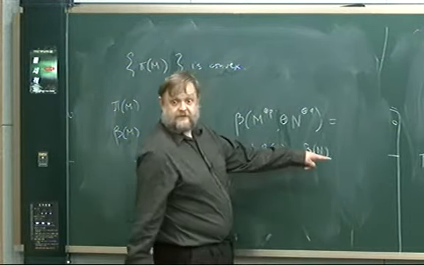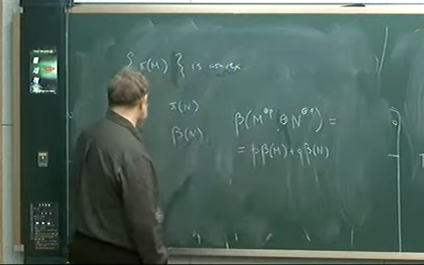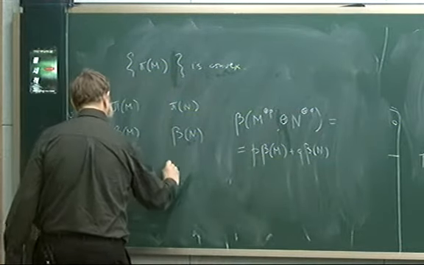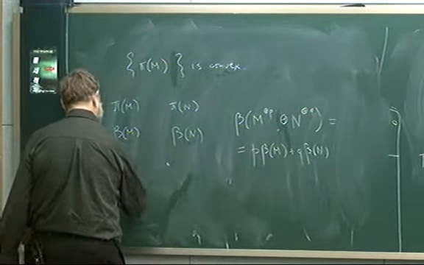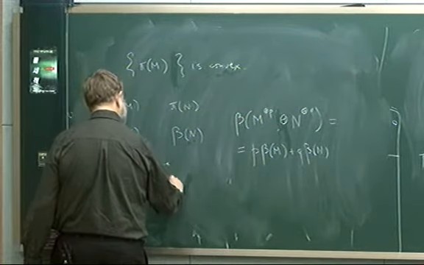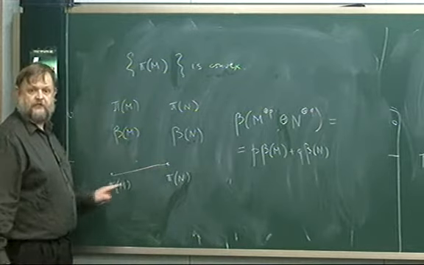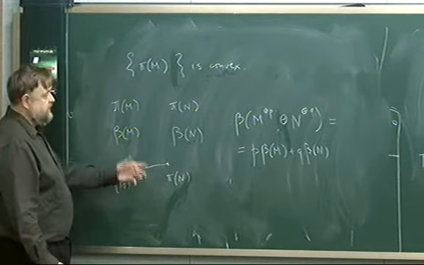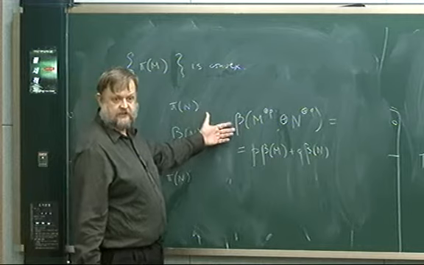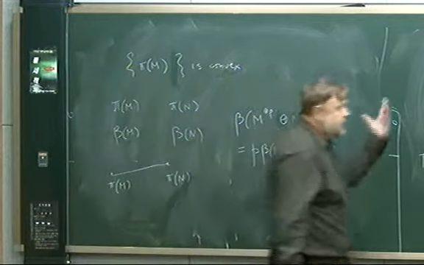So when I normalize, by just taking the direct sums, I will cover all the points on the interval pi of m, pi of n with rational coefficients. Okay? So that's really the completely trivial observation. So this set is convex.